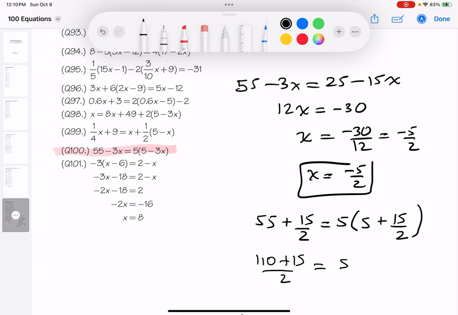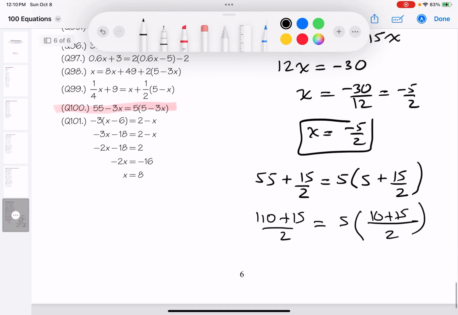And let's do this, 5. This will be 10 plus 15 over 2. That's 135 over 2. And what do you get there? You get 25. I'm sorry, this is 125. I'm really punch drunk, by the way. And this can be 25 times 5, which is 125. It works out nicely. All right, let's go to the last problem.